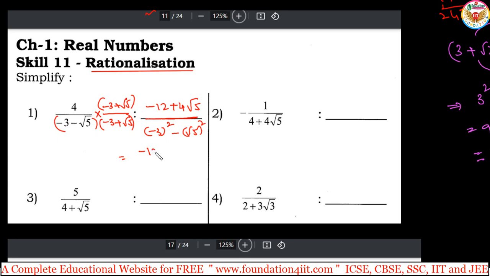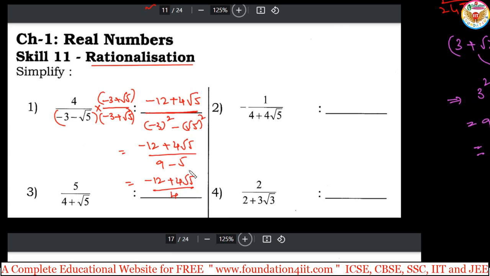And finally we'll get minus 12 plus 4 root 5 divided by minus 3 whole square is 9. Root 5 square is 5. So 9 minus 5 is 4. Next up we can write minus 12 plus 4 root 5 divided by 4. You can even take the 4 common from the numerator and simplify. Okay, that is the rationalizing factor.